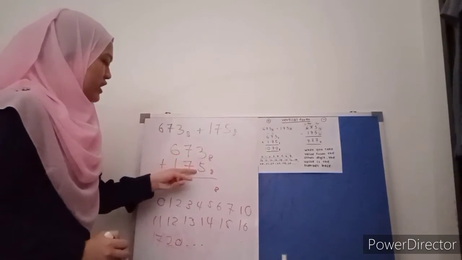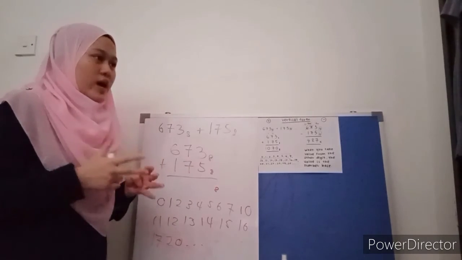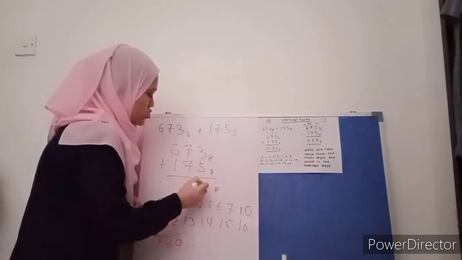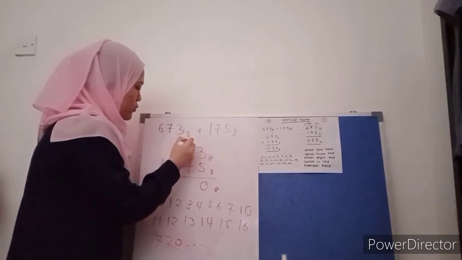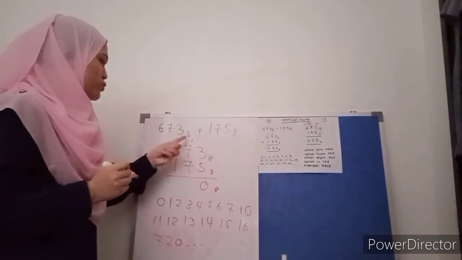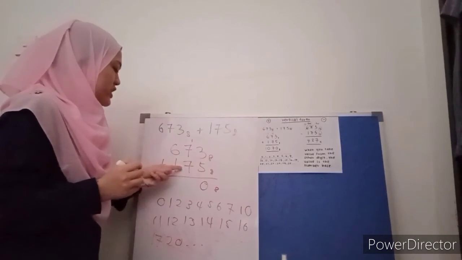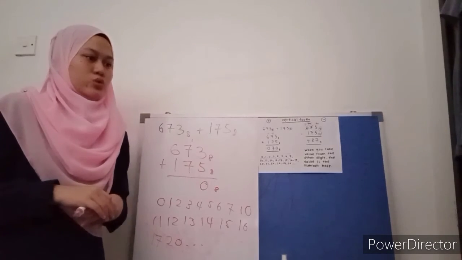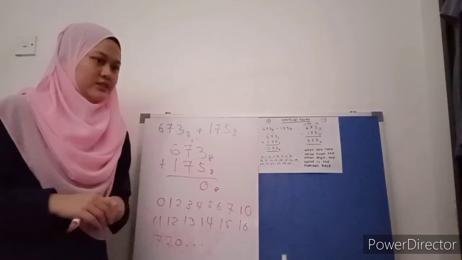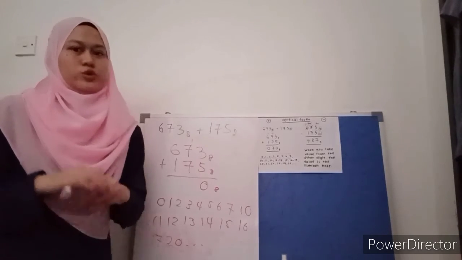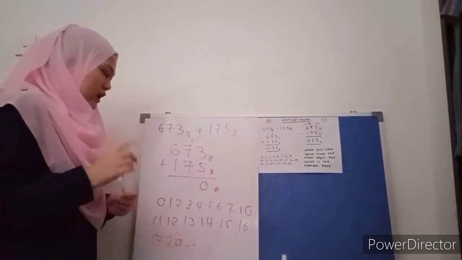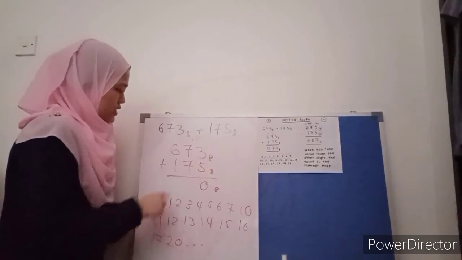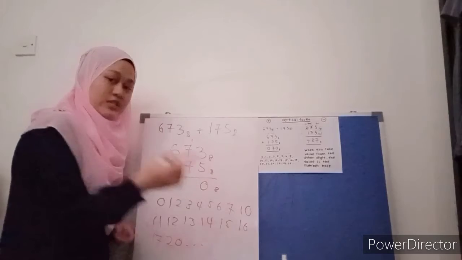So 3 plus 5 is equal to 8. 8 under number base 8 is equal to 10, so you need to write 10. So 1 is here. 7 plus 1 is 8, plus 7 will be equal to 15. We can't write 15 over here. 8 is equal to 10, right?